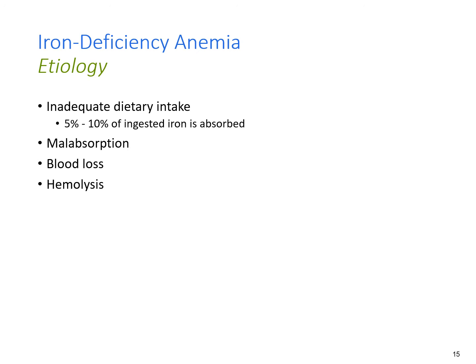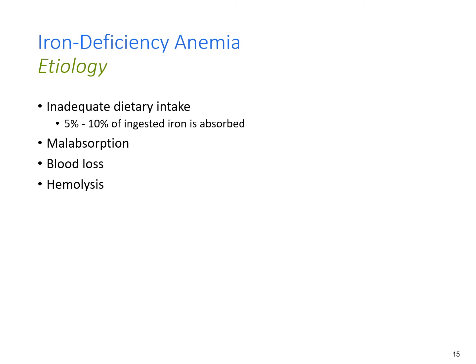For iron deficiency anemia specifically, it could be because of inadequate dietary intake, they're not getting enough iron absorption, or it could be because of malabsorption, blood loss, or hemolysis.